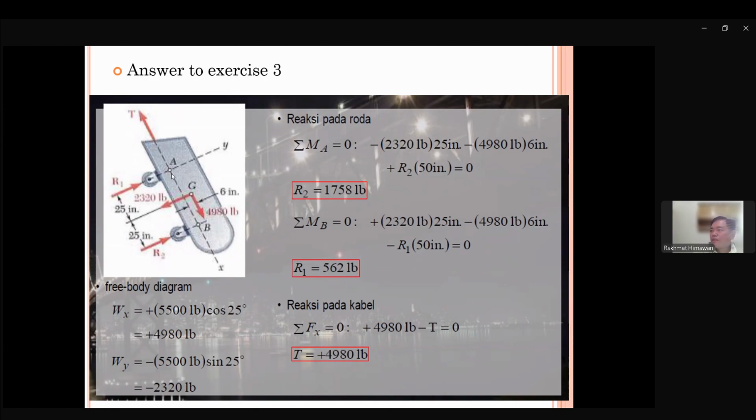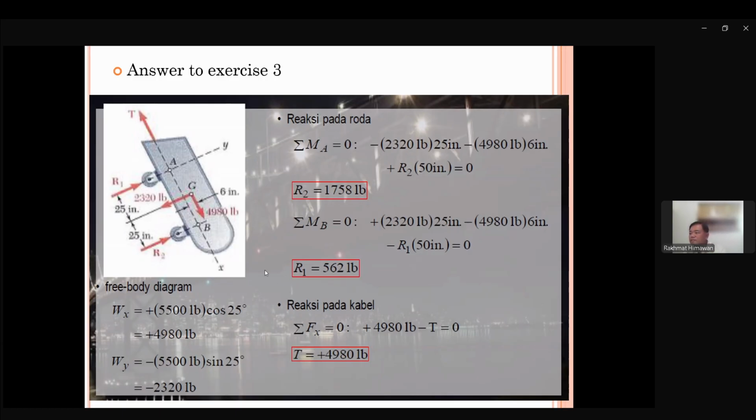So we need to find out R1, R2, and T. In this case, this is what we know: in point G, we have these two acting forces. The formula is always the same: sigma moment equals 0, sigma Fx equals 0, sigma Fy equals 0.